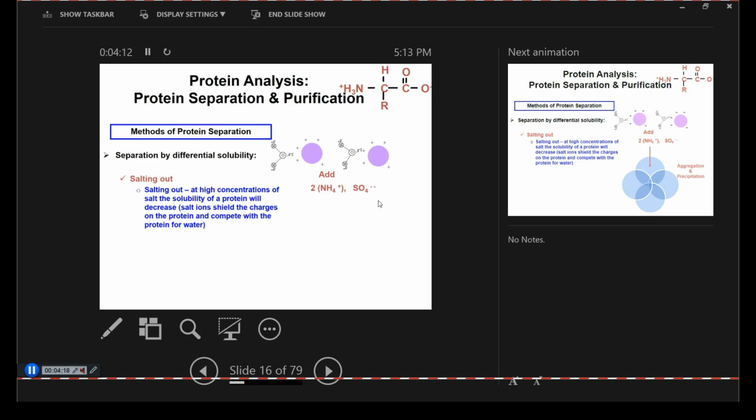and the ammonium sulfate, especially the sulfate ions, will interact with the positively charged group, shielding the charges. So instead of the protein interacting with water and repelling each other, you will be shielding the charges with the salt, and the salt will be competing for water.